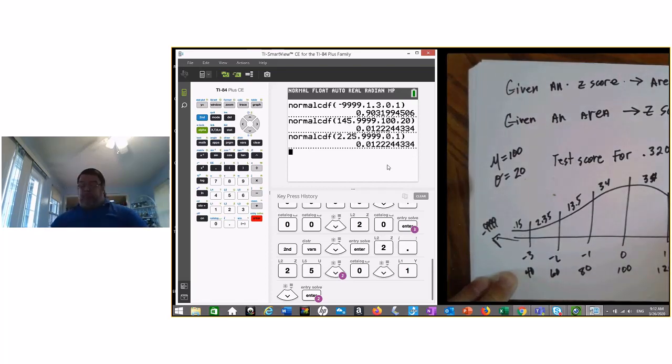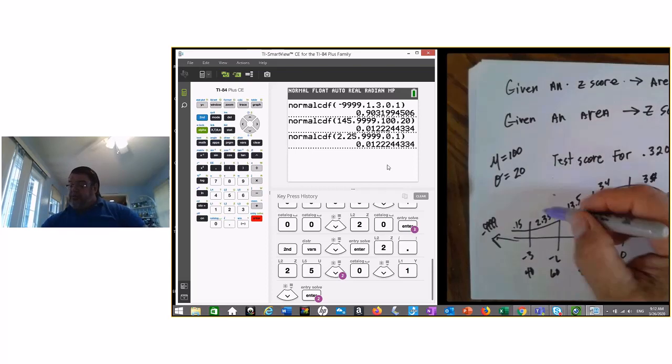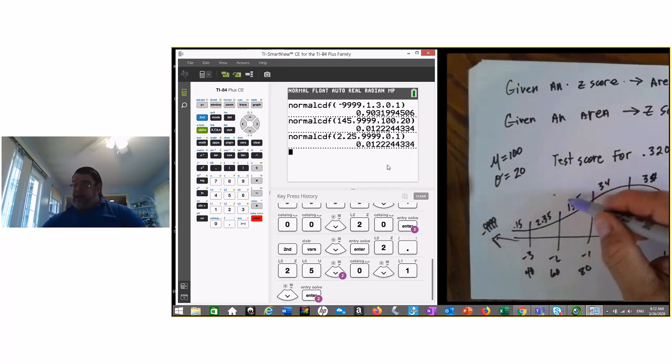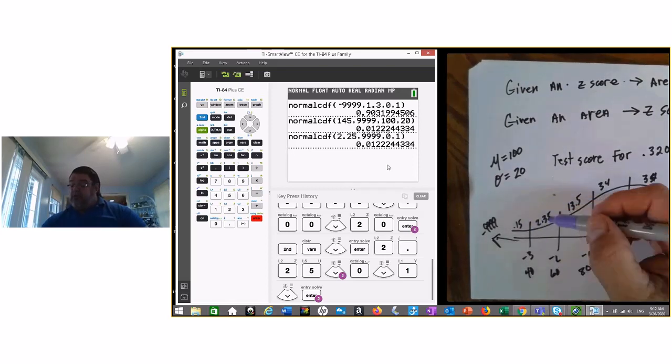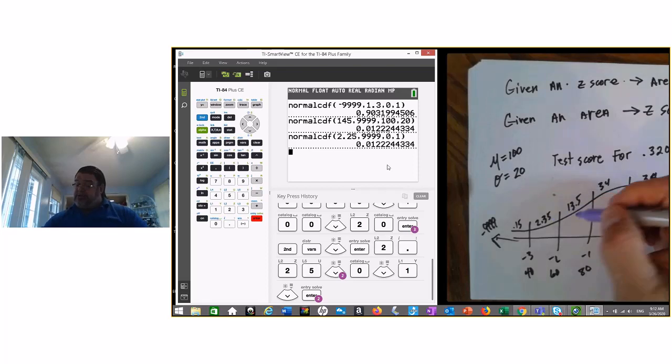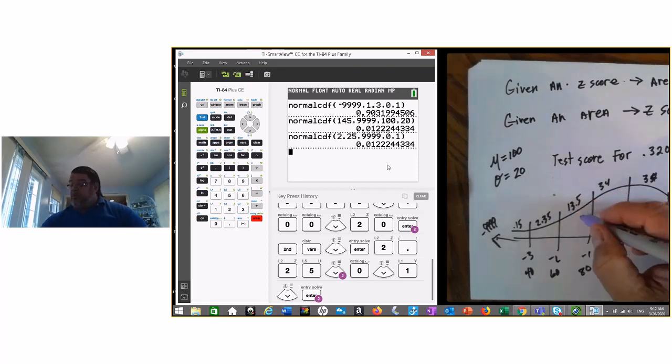All right, 32%. Well, we know this is 16%, and we know that 34% we're going to divide in half, that'd be 17. 16 and 17 is what, 33? Somebody check me, what's 16 plus 17?